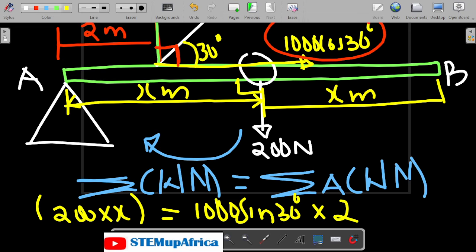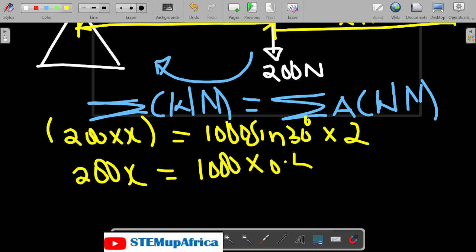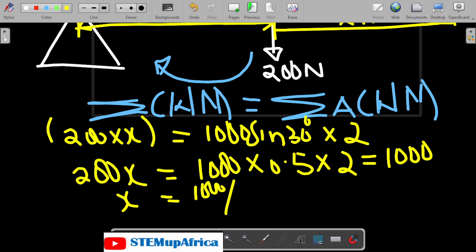If I simplify from here, I'm going to have 200x equals 1000 times 0.5 times 2. That will give us 1000. What is now our x? Our x is simply 1000 divided by 200. X will give us 5 meters.